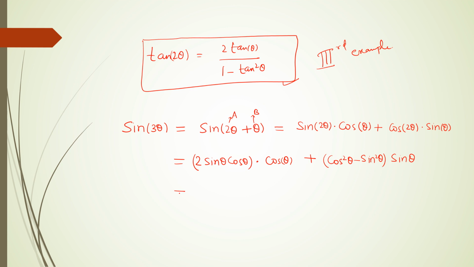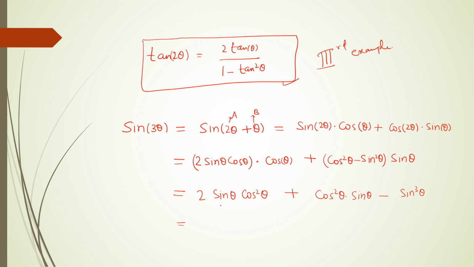So we will write 2 times sin theta cos square theta, plus cos square theta into sin theta minus sin cube theta.